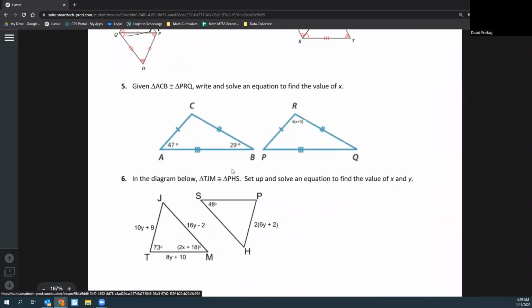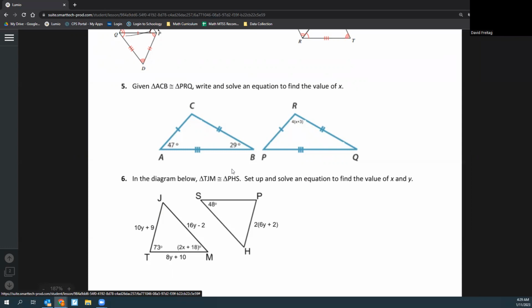All right, let's look at number 5. So given triangle ACB is congruent to PRQ, write and solve an equation to find the value of x. I know two angles on one, and then I know one angle on the third.